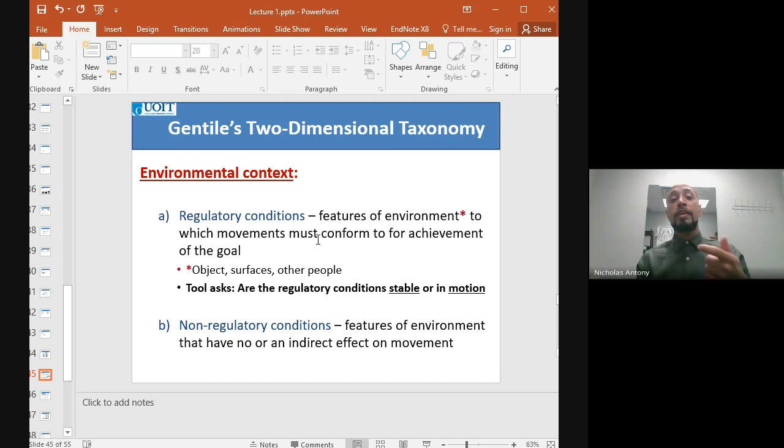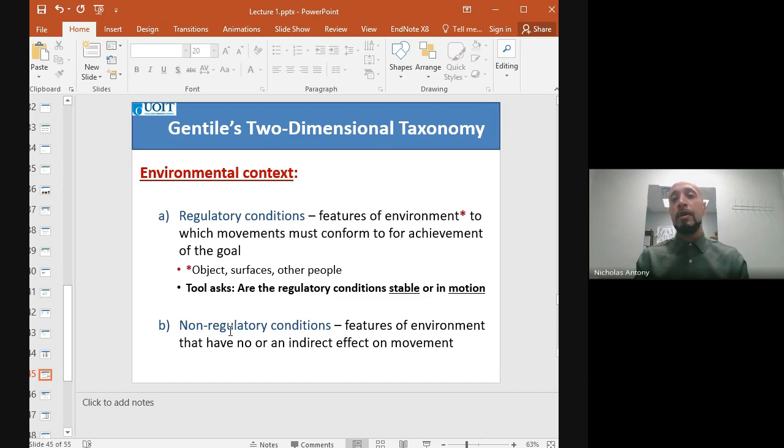When things are in motion, open motor skills are more difficult than closed motor skills. So when looking at the environmental context, Gentile's taxonomy first looks at whether things are moving or not, because that would base whether or not things are more difficult. Non-regulatory conditions are things in the environment that don't have an effect on our movement.